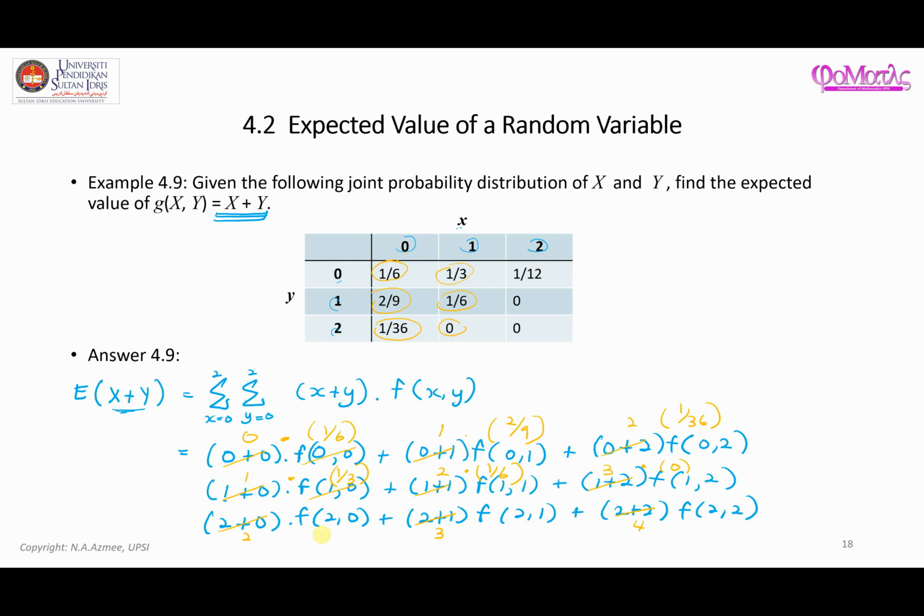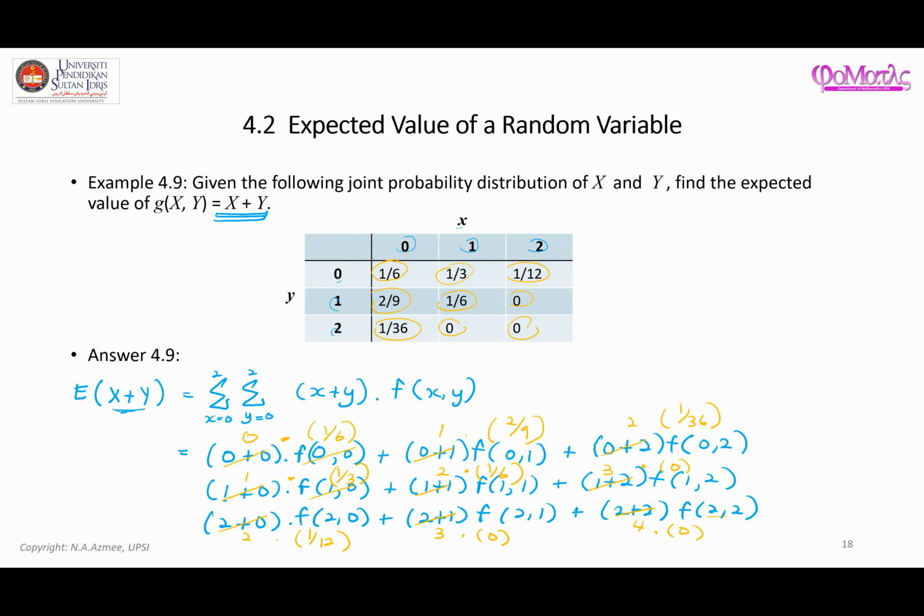Next, 2 and 0: the probability mass function for x equals 2 and y equals 0 is this one, so 2 will be multiplied with 1 over 12, and f(2, 1) is 0. Finally, this one is also 0, so 4 will be multiplied with 0.